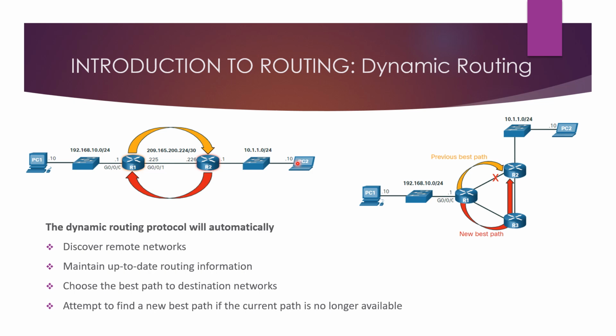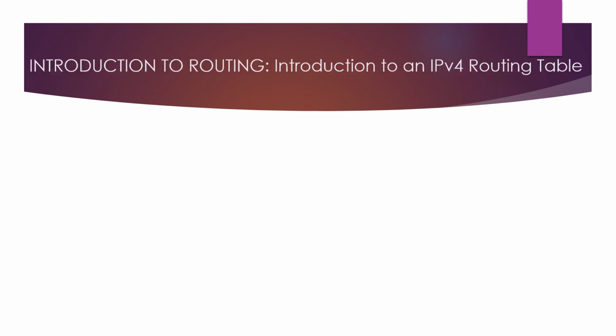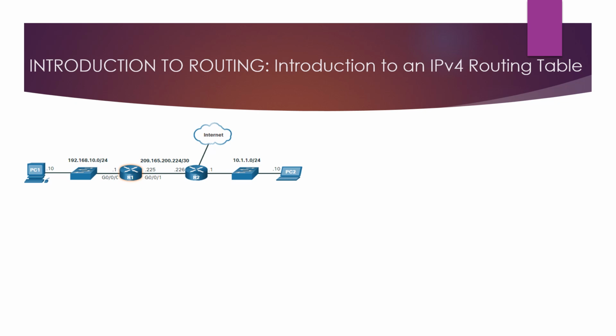Router 1, router 2, and router 3 in this network are using the dynamic routing protocol. If there are any changes, they automatically adjust to find a new best path. It is common for some routers to use a combination of both static routes and a dynamic routing protocol when they need to reach a destination. If we refer to this figure, we see that router 2 is connected to the internet.